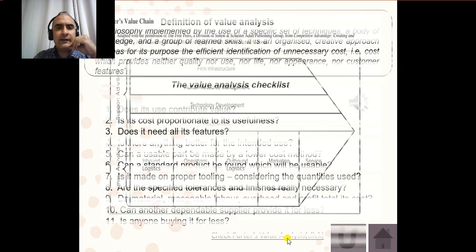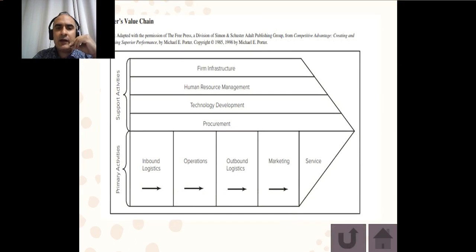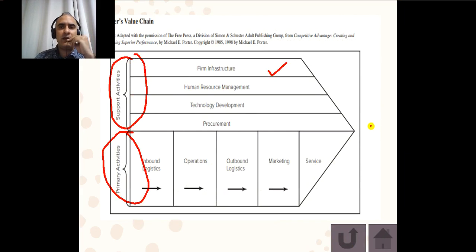Now, like I said, value can come in many different forms. Here we can see, for example, that it can be in the back of the house or in some of the primary activities. We can have the firm's structure, which generates value because we have fewer employees and then decision making is faster.